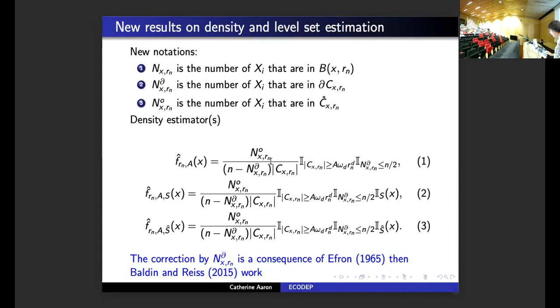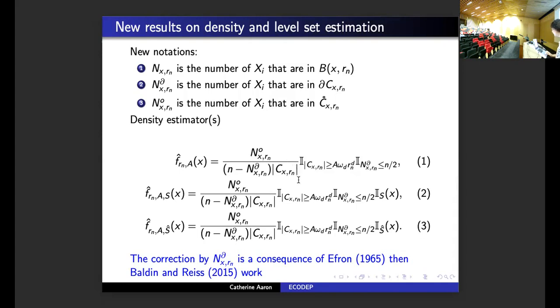Instead of the number of points in the ball of center X and of radius Rn, we have the number of points which are in the interior of the convexhull of the ball of center X of radius Rn. What we do here is divide not by the size of the sample, but by the size of the sample minus the number of points that belong to the boundary of the convexhull.